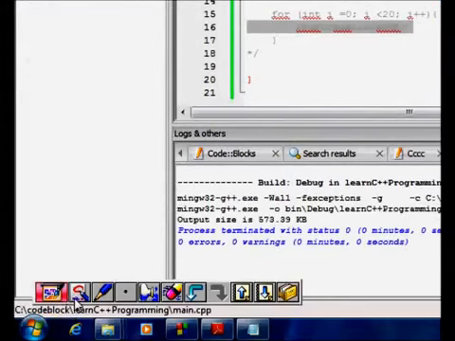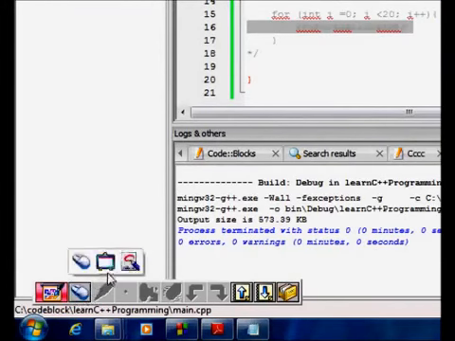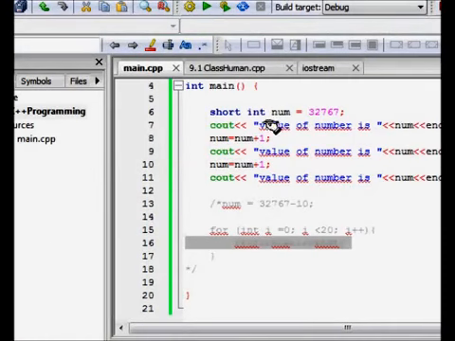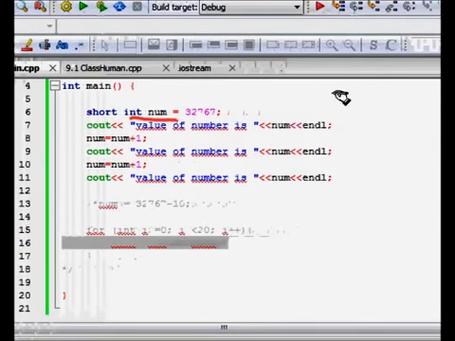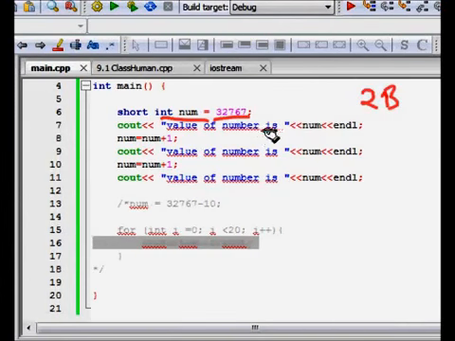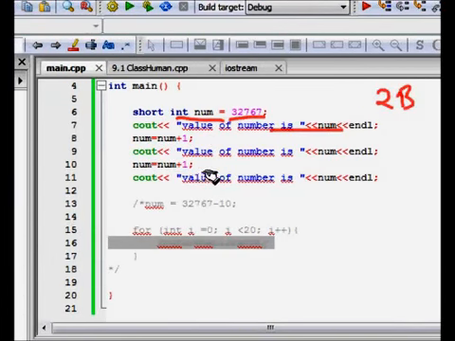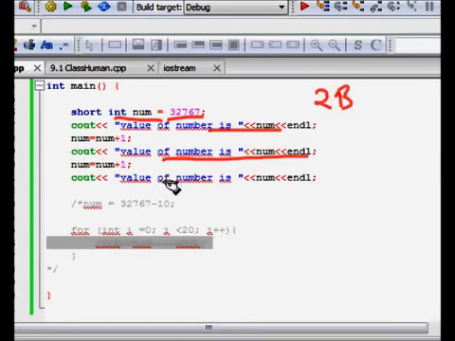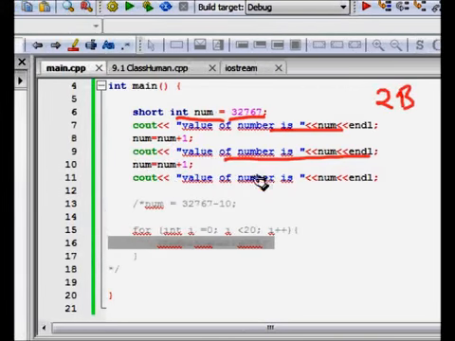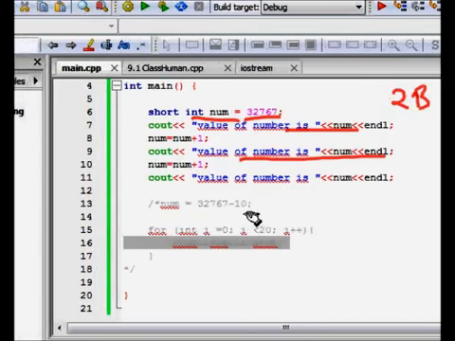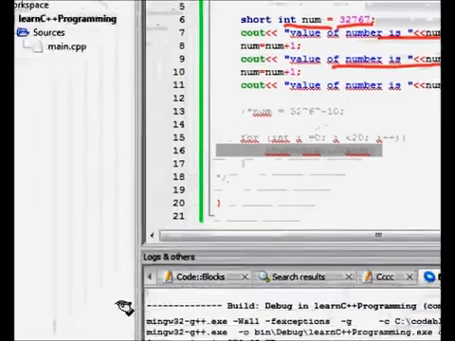So let's analyze the code a little bit. Initially we have a short int, which is 2 bytes, and the maximum value is already given here. Now we print this value, then we increment it by 1, and it will become the most negative number. If we increment the value again, it will become 1 greater. Let's see what happens by running this code.